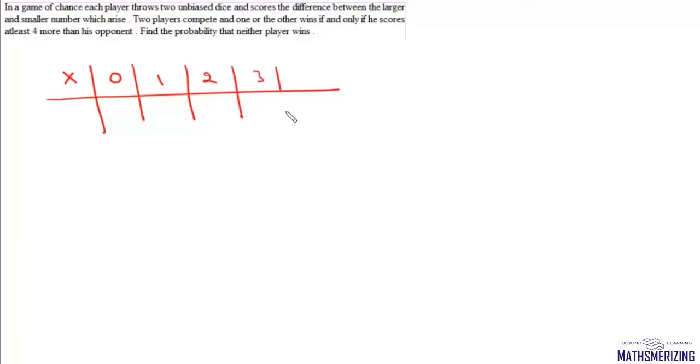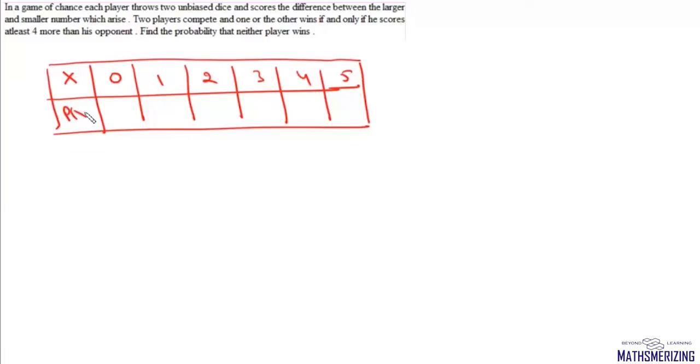Now, if we throw a pair of dice, then in that case, the differences that we can have between the 2 dice are 0, 1, 2, 3, 4 and 5. So these are the possible differences between the 2 dice.